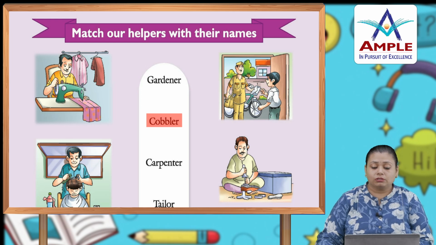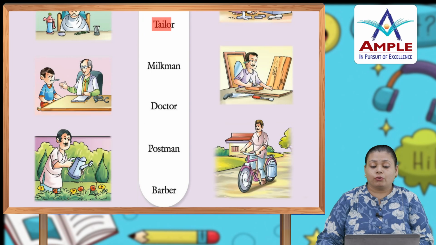Number 3 is carpenter. Number 4 is tailor. Number 5 is milkman. Number 6 is doctor. Number 7 is postman, and number 8 is barber.